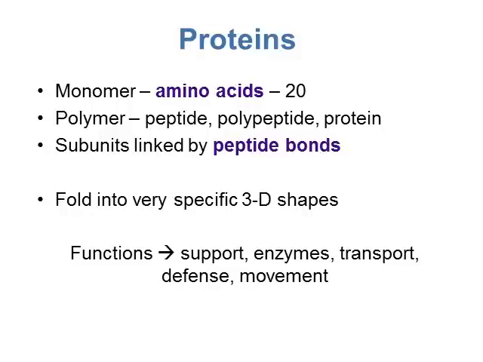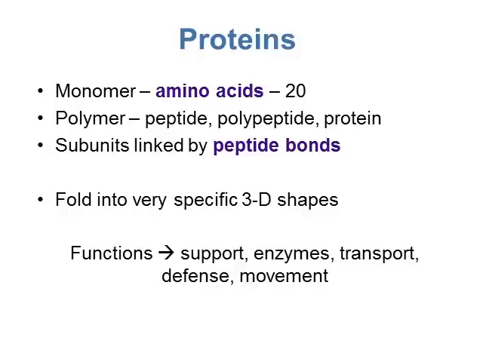When amino acids are linked together, the bond that forms between them is called a peptide bond. There can be hundreds, thousands of amino acids joined together in a string, and those amino acids are going to fold into a 3D shape. I'll show you an example of this. Proteins have lots and lots of different functions, and I have just a few listed here.